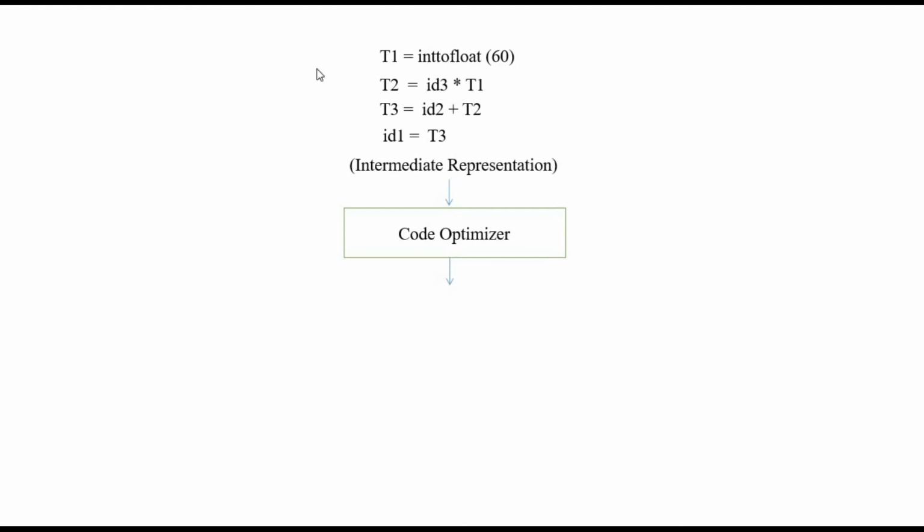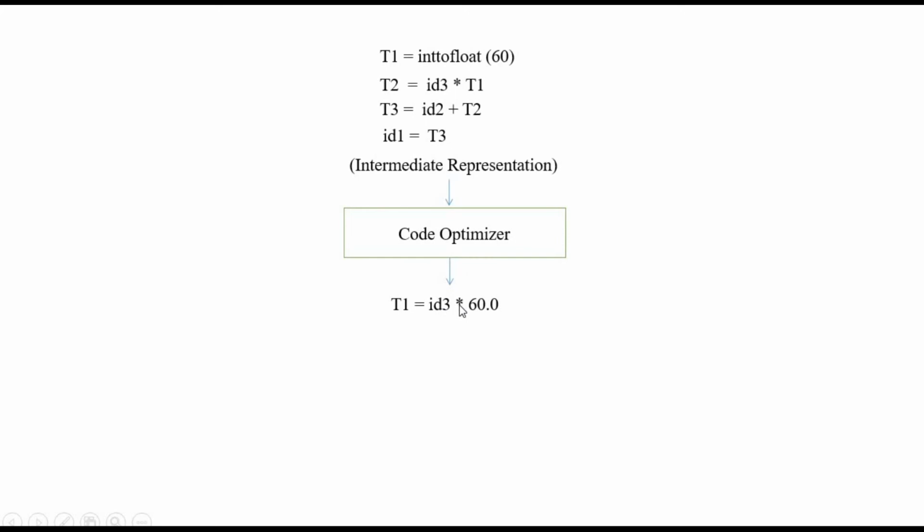In the optimized code, it directly considers id3 into 60.0. In this step, integer to float 60, which is represented as 60.0, and id3 into t1, this step is removed.